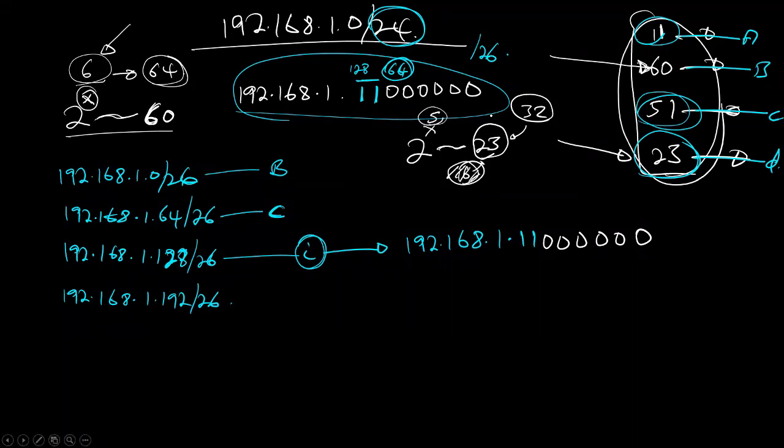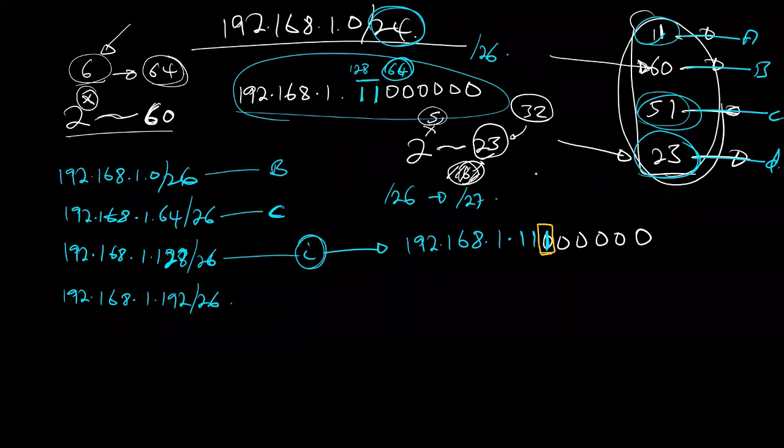So we need only 5 host bits, meaning that we are going to borrow this one, the network part. Are we together? Yes. Changing us from /26 to /what? 27. Giving us 2 networks, because we have borrowed 1. Remember, those 2 were already there.